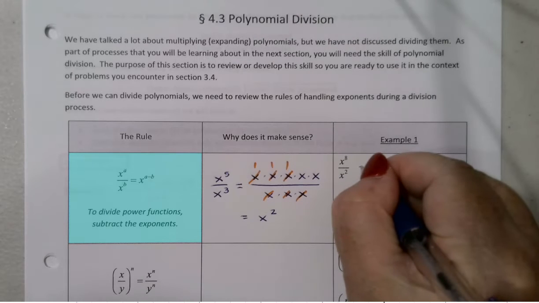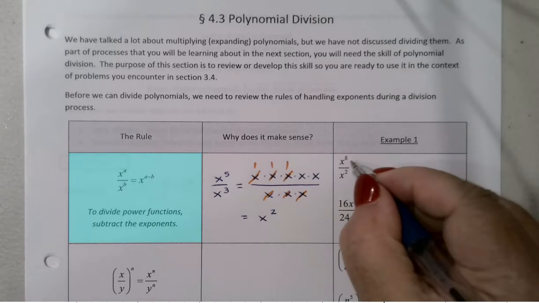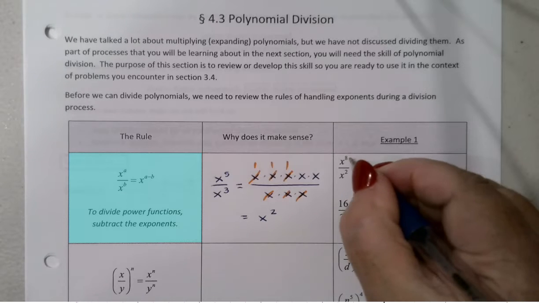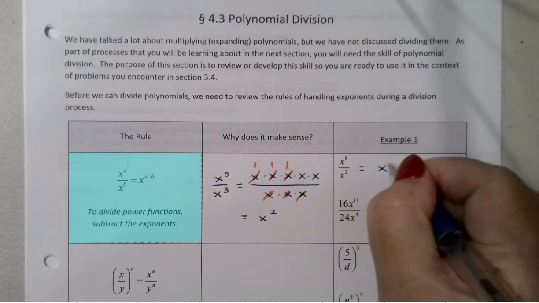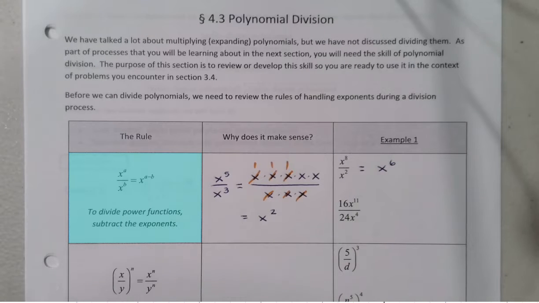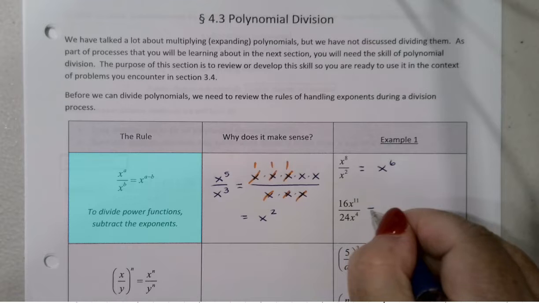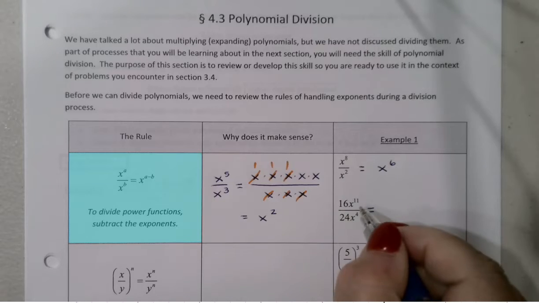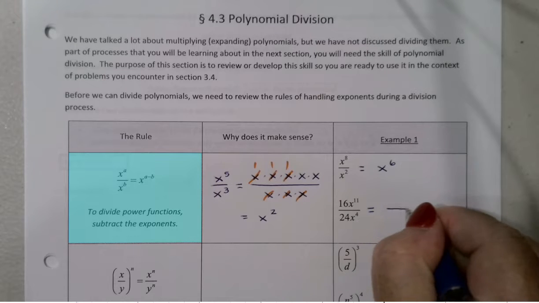In a couple of quick examples for us, if I wanted x to the 8th divided by x squared, I would just subtract the exponents and get x to the 6th. In this next example, I have to worry about both the coefficients as well as the powers of x.